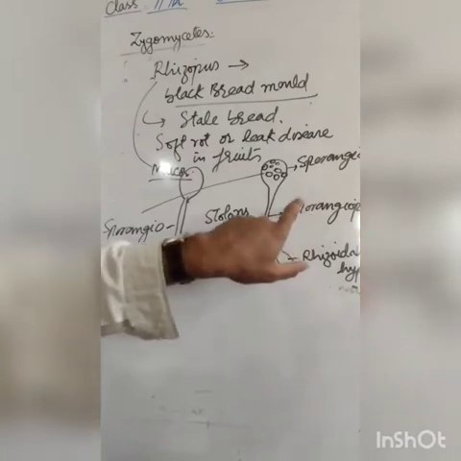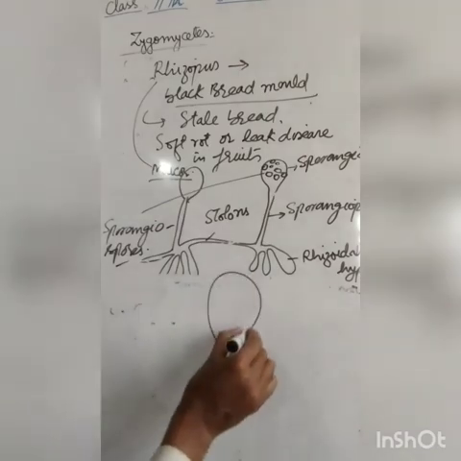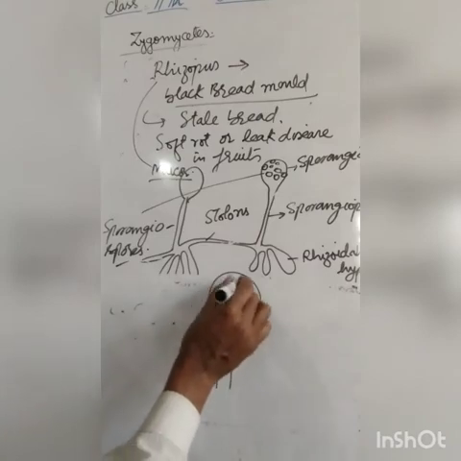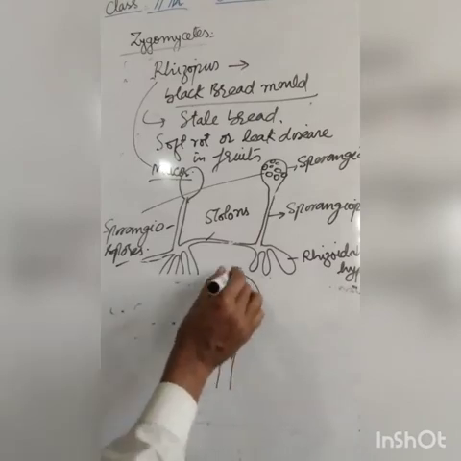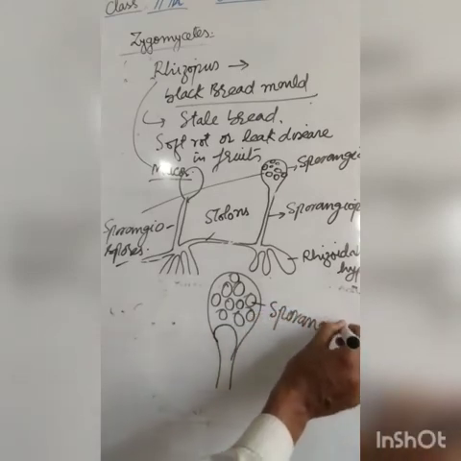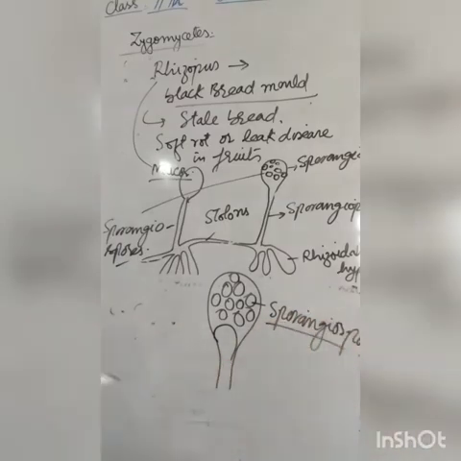These swell and form rounded bodies, which produce spores inside. These are called sporangiospores, and they are non-motile spores born endogenously inside sporangia.